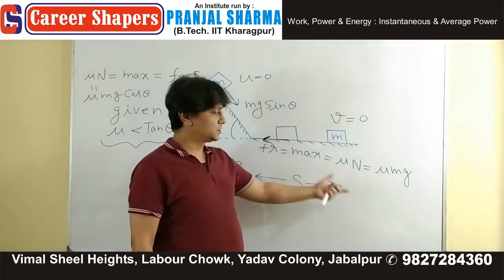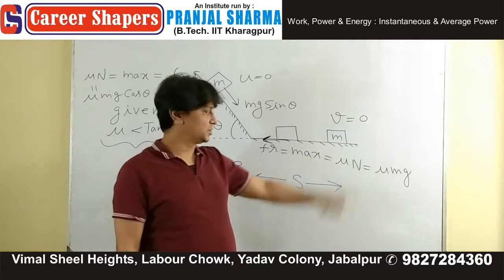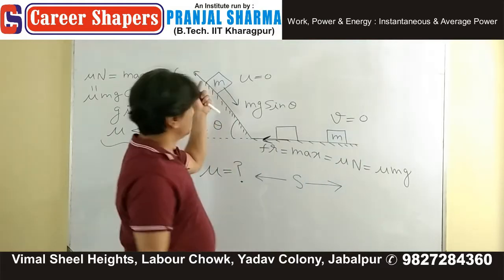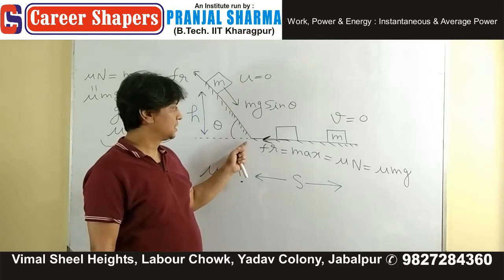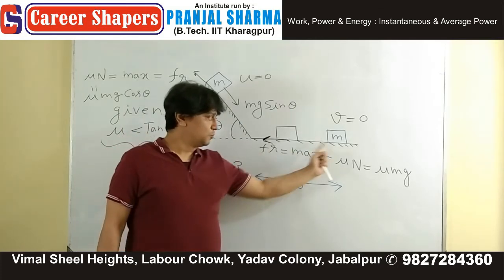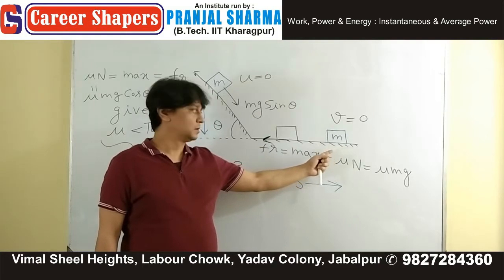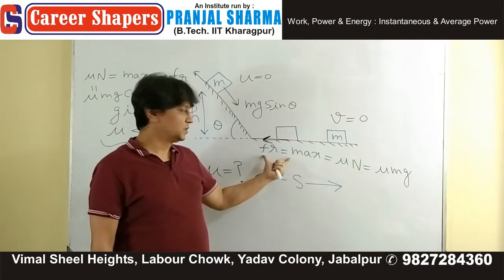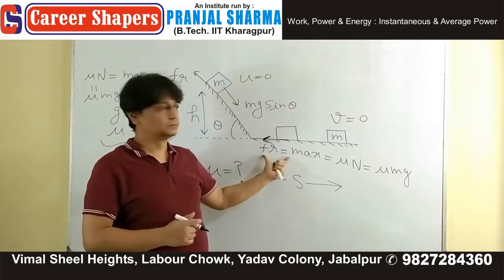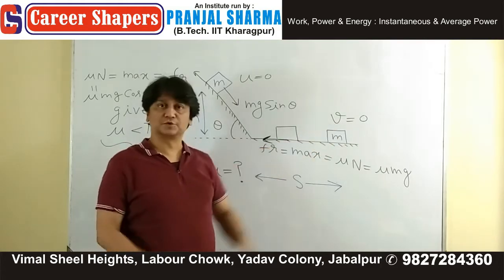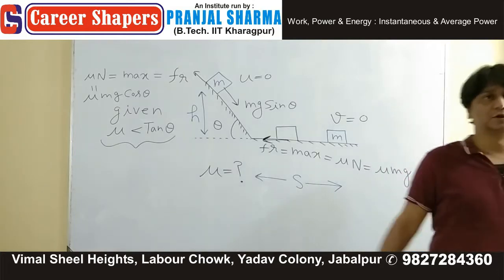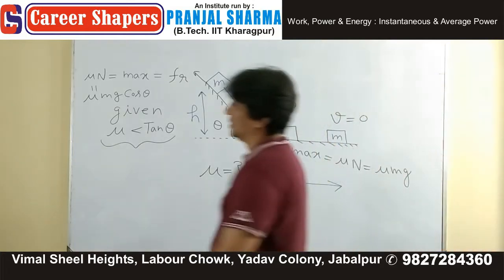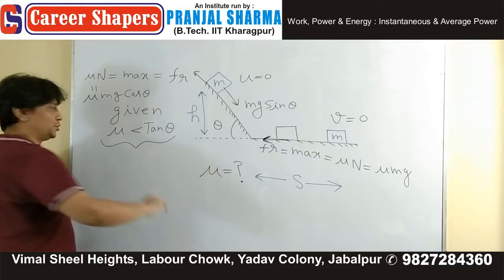On the horizontal surface, normal reaction is mg. It starts sliding down and then moves in this direction. This friction is going to oppose and finally it comes to rest. You have equations like v square equals u square plus 2as. With the help of laws of motion you can find it.